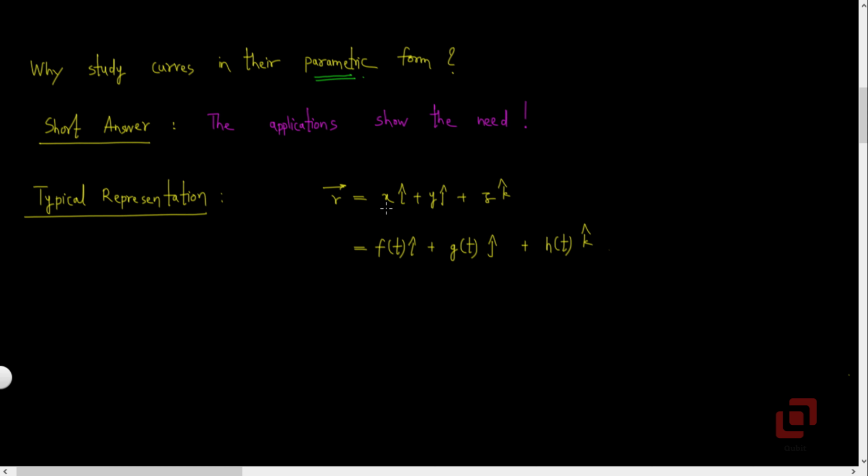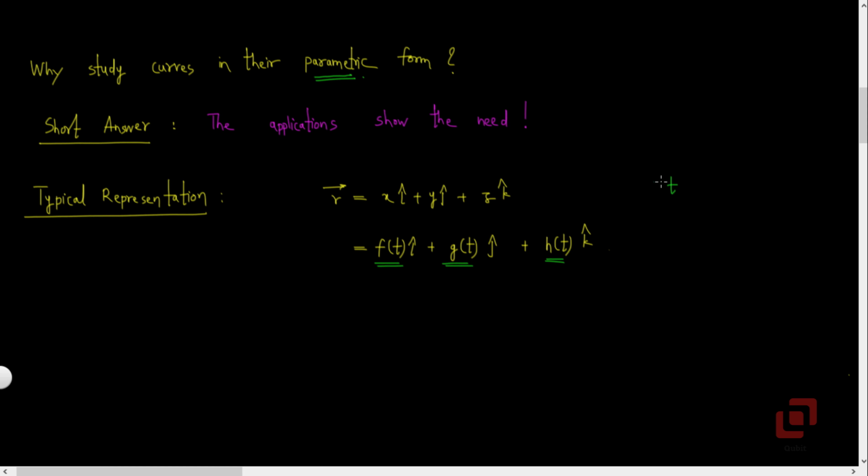We consider our usual Cartesian coordinate system of 3 dimensions, where the position vector r bar is denoted by xi cap plus yj cap plus zk cap, and the coordinates or positions x, y and z of a point with respect to origin are expressed as functions of a parameter t. So here x is a function of parameter t and so are y and z.